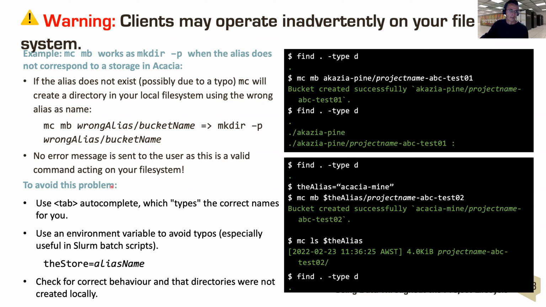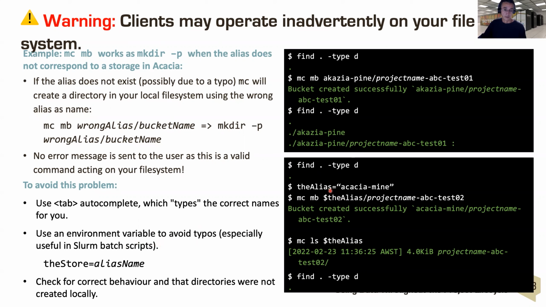To avoid this problem, you can use the auto-completion for the naming. For example, you start writing a K and then tab. It will recognize your alias name and type the correct acacia-mine instead of this wrong acacia-pine. You can also use variables.